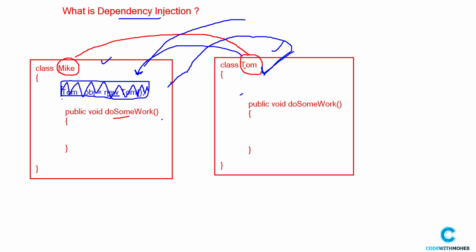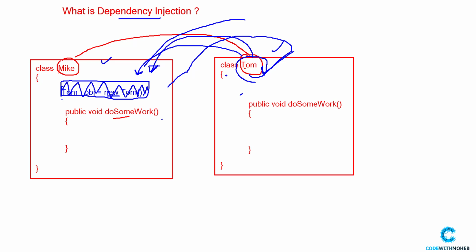Spring will create the object of Tom and inject it inside Mike.